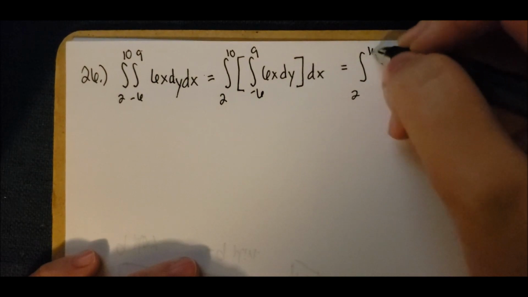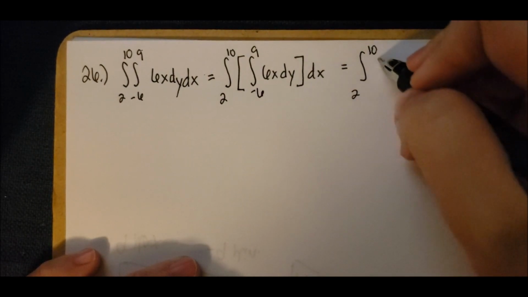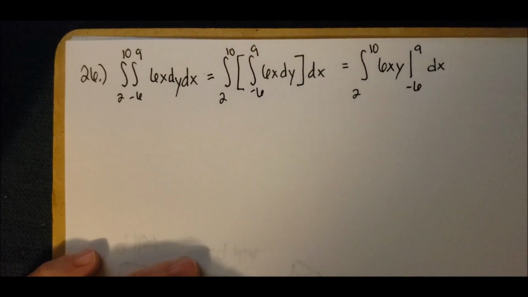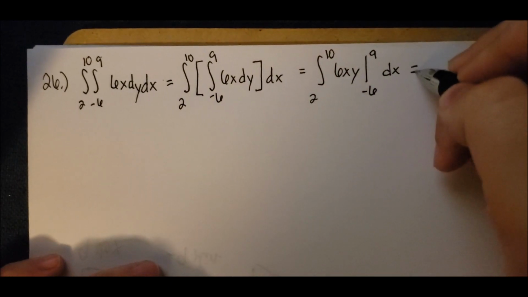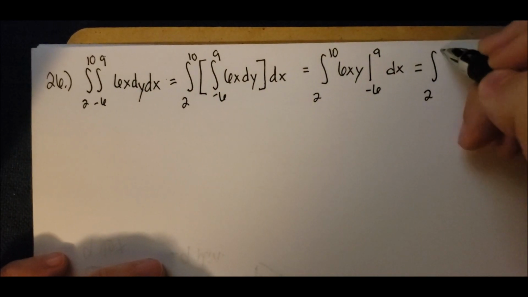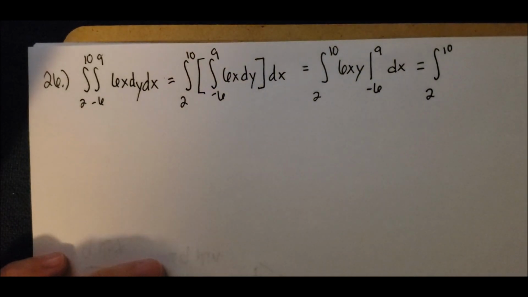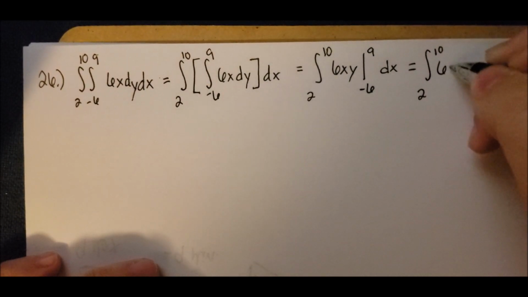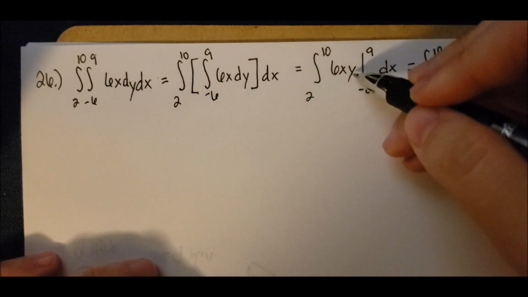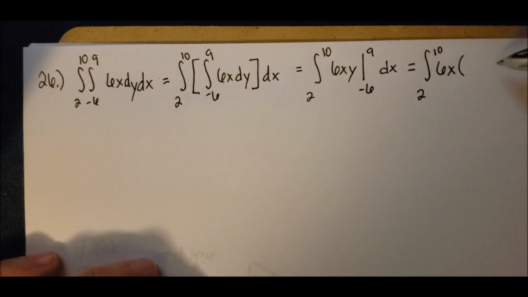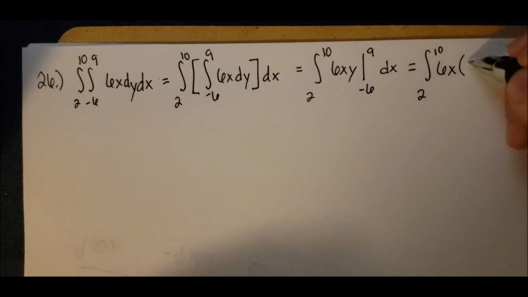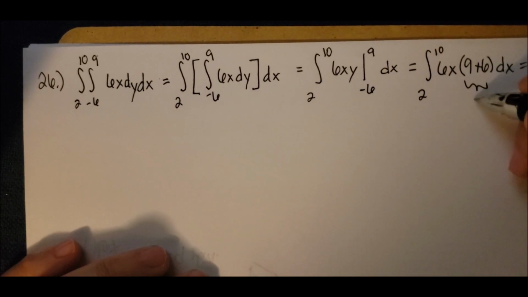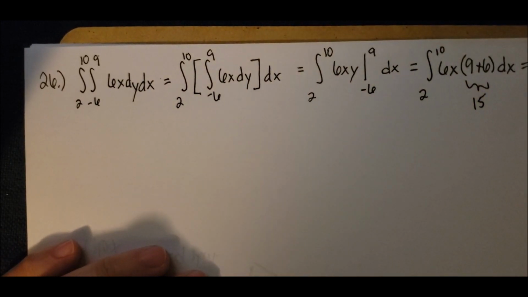So from 2 to 10, with respect to y, that's 6xy, and y is going from negative 6 to 9. So 9, and then I would subtract negative 6, so 9 plus 6, which is 15. So 15 times 6 is 90.